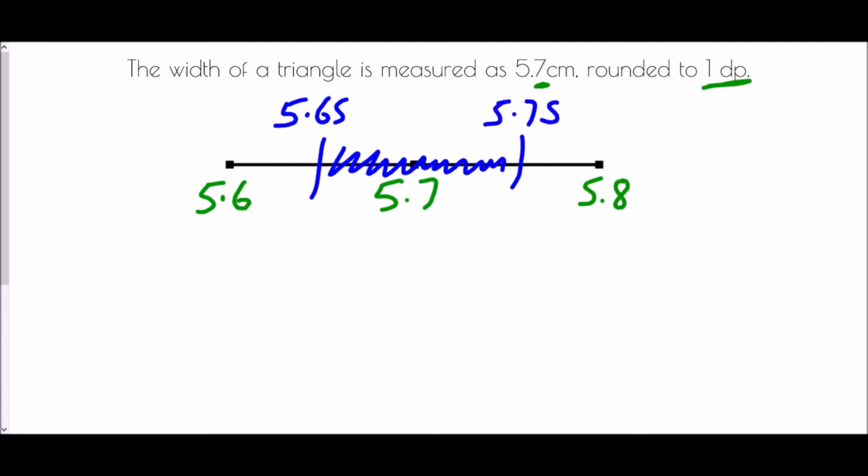And so the error interval this time, if we're talking about width, let's call it W, well, it could include 5.65. So if it was 5.65, that would round to 5.7, but it would go up to 5.75, but in this case not including the 5.75.